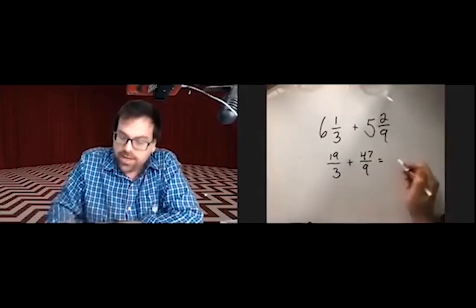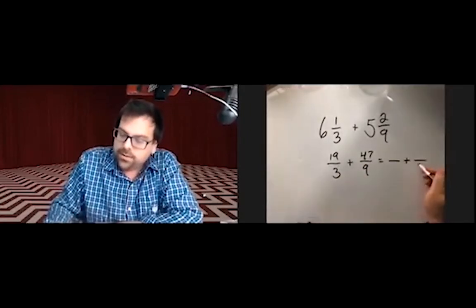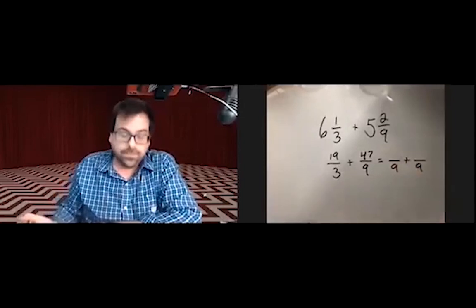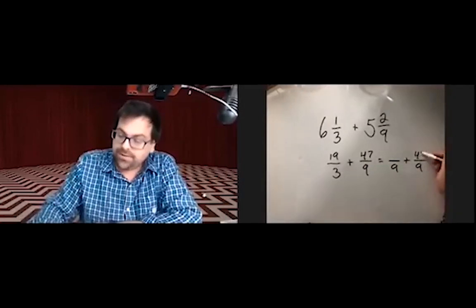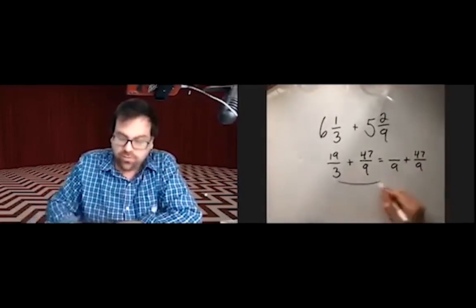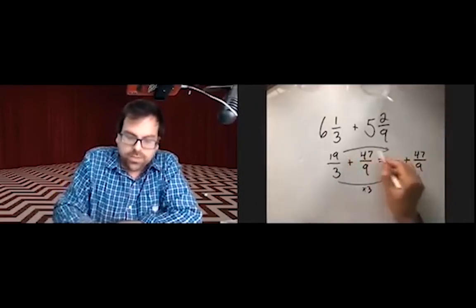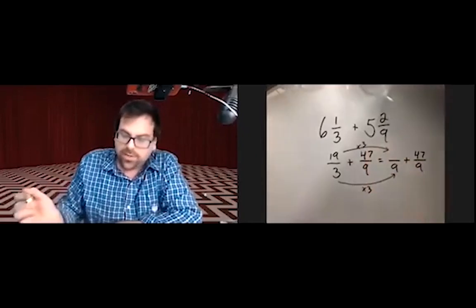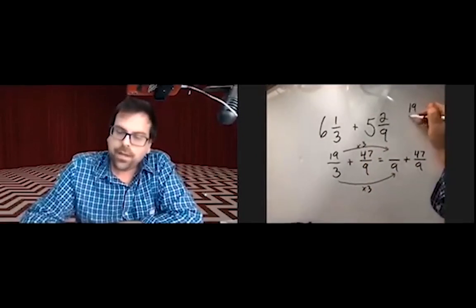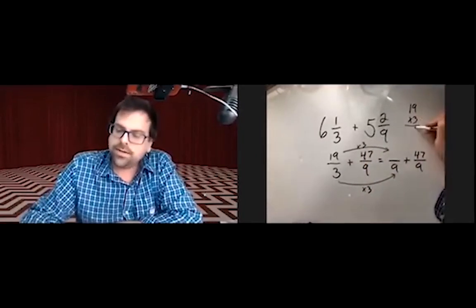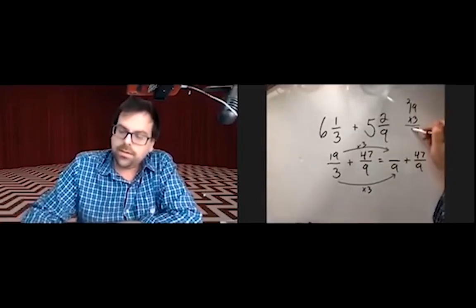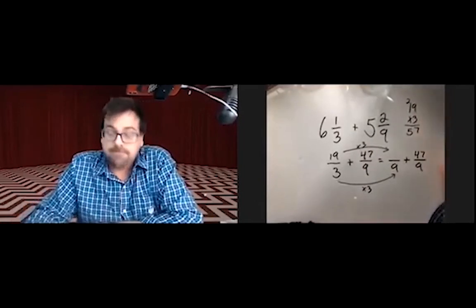The common denominator would be 9. That means 47/9 doesn't change, but to go from 3 to 9, that's times 3. We go times 3 on the top. 19 times 3 is 57.